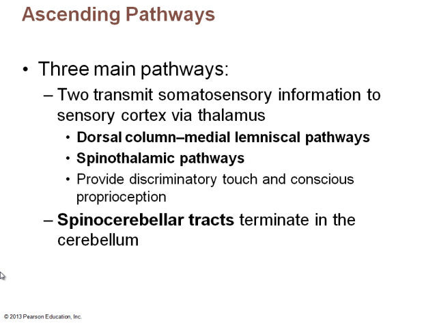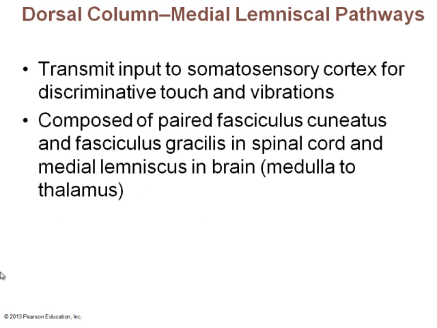So 3 main ascending pathways. The dorsal column medial lemniscus pathways. You don't have to memorize this. The spinothalamic pathways and the spinocerebellar tracts. These are all train tracks going up the spinal cord for processing of sensory information in ascending pathways.